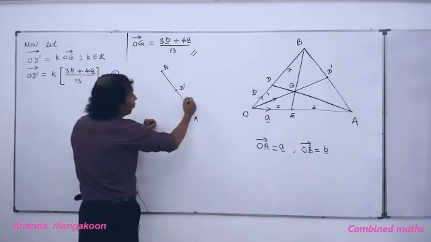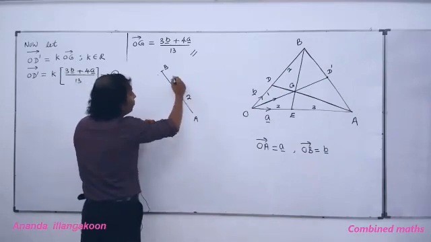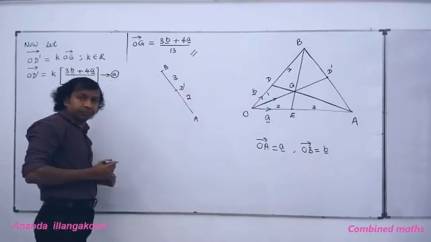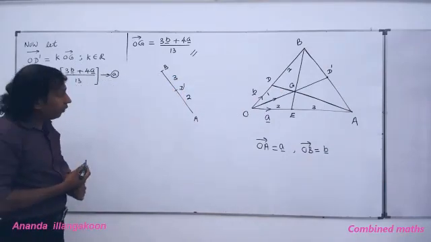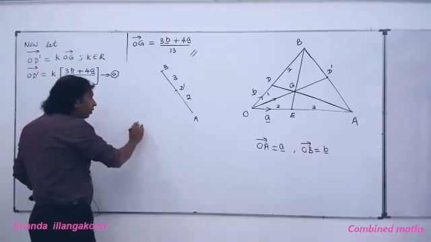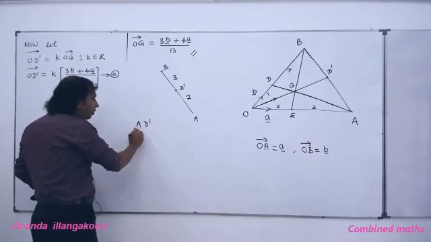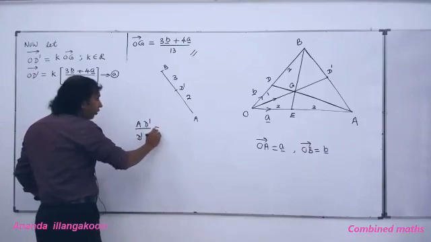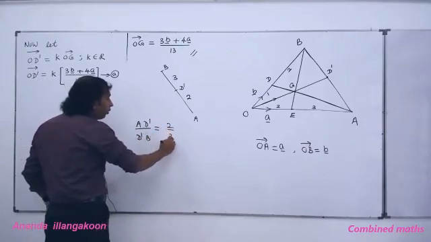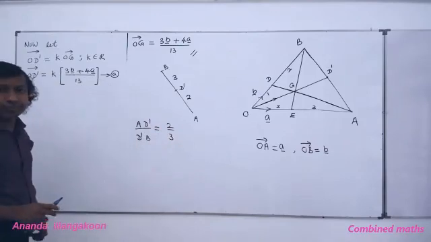For example, suppose this part is 2 and this is 3, for example only. Then I can write the ratio AD dash divided by D dash B as 2 by 3.